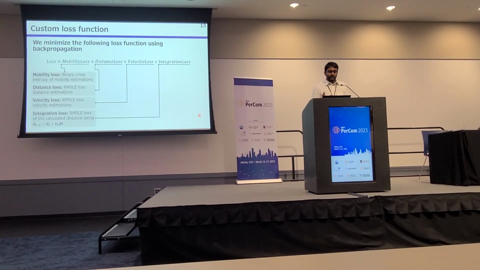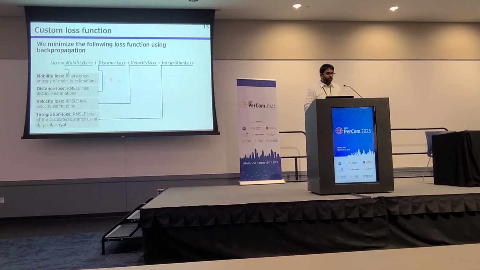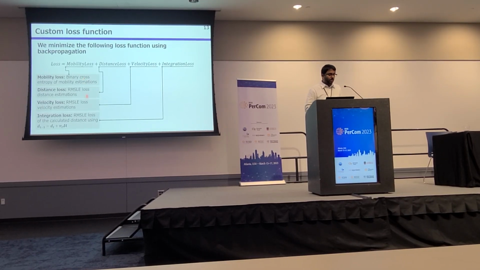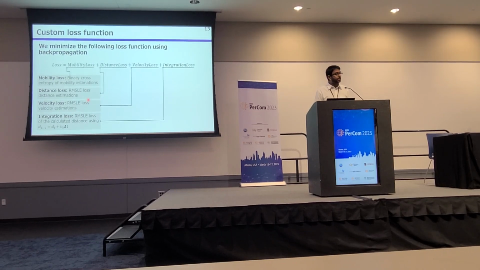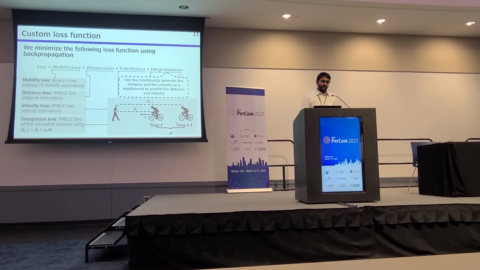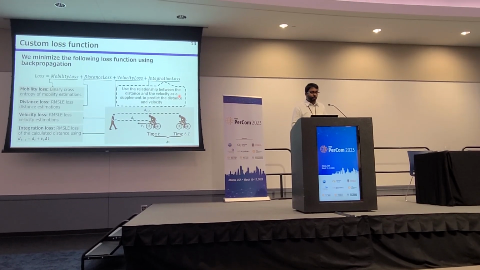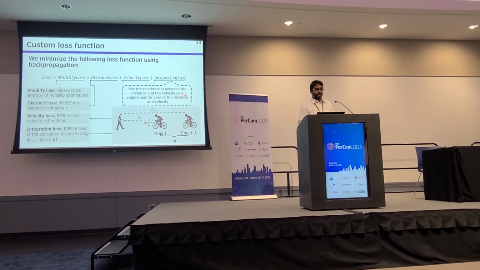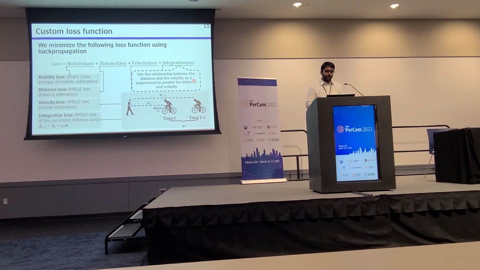During the training of our neural network, we minimize the loss function shown here. The mobility loss, distance loss, and velocity loss are the losses of our mobility, distance, and velocity estimations. And here we introduce an integration loss that uses the relationship between the distance and the relative velocity as a supplement for our predictions.